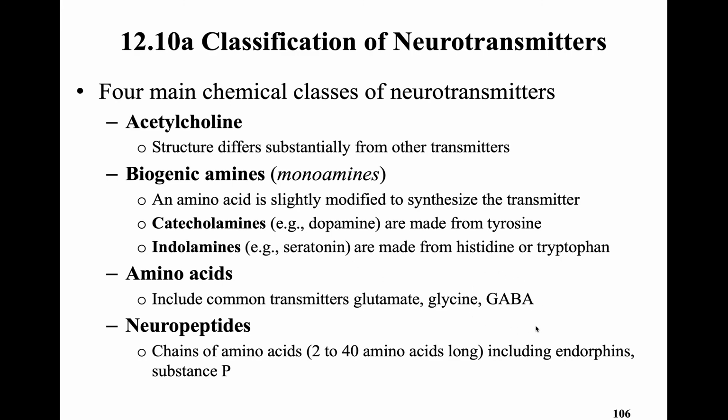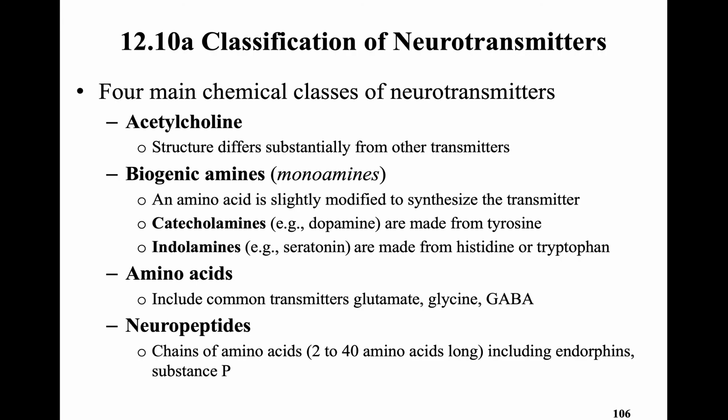The next one I care for on this slide is GABA. Now, GABA is an interesting one. This is the one that's primarily inhibitory. So we have neurotransmitters that can be excitatory, and we have neurotransmitters that are inhibitory.